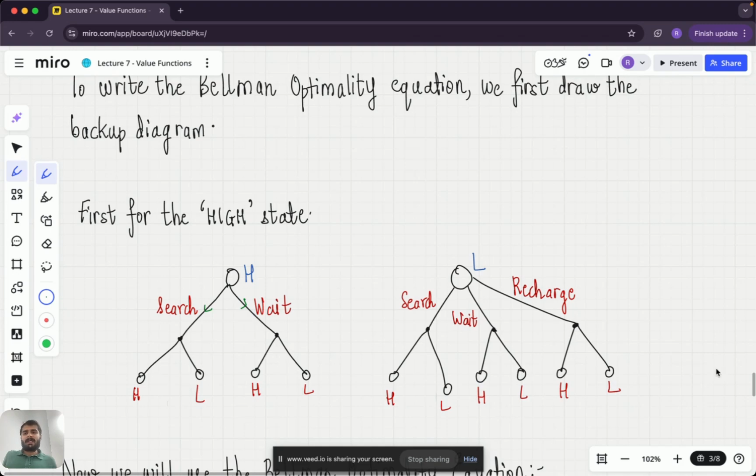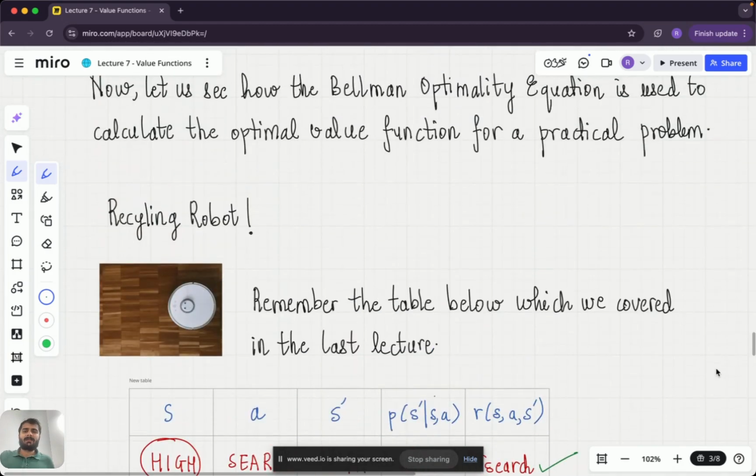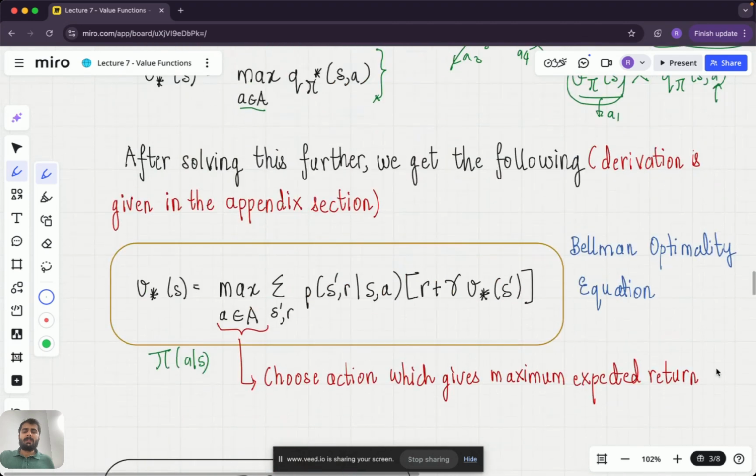Now the question is, can we use the Bellman optimality equation to find out the maximum expected return for both the states, for the high state as well as for the low state? Let us see. Firstly, let's look at the Bellman optimality equation now. We have to use this.